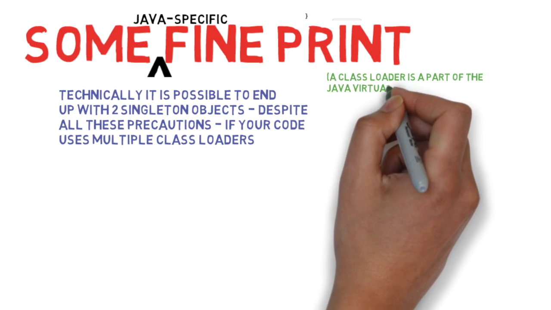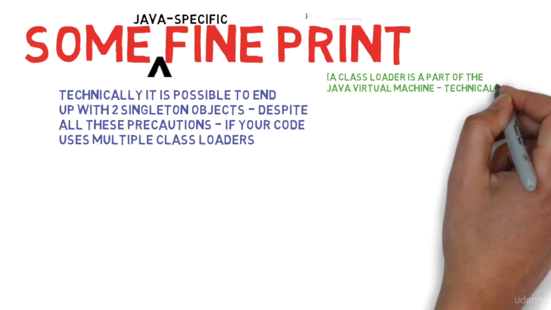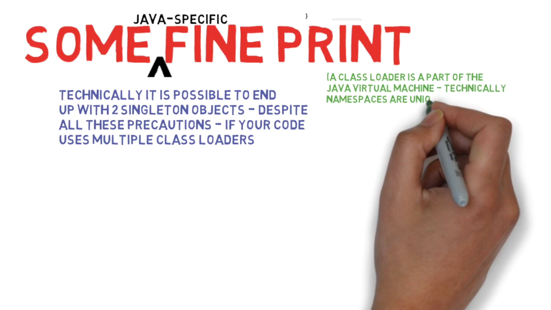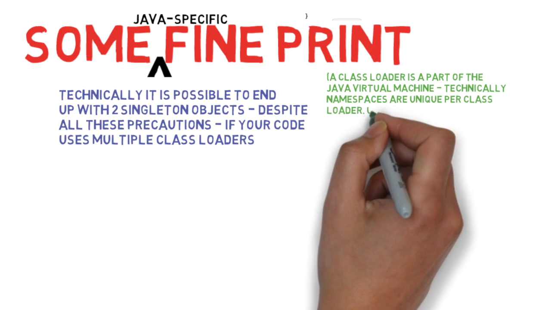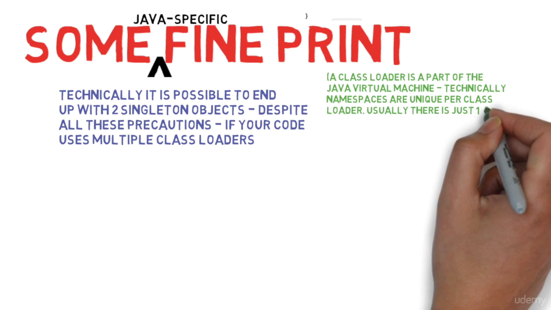Now, a class loader is a part of the Java virtual machine, and namespaces are unique per class loader. And class loaders exist exactly once per program. But in the rare case that you don't have one class loader, this is something you need to watch out for.